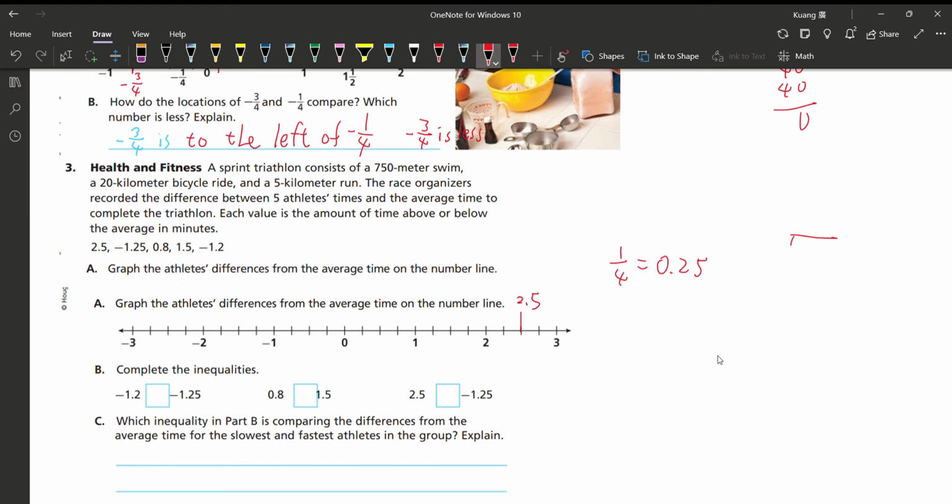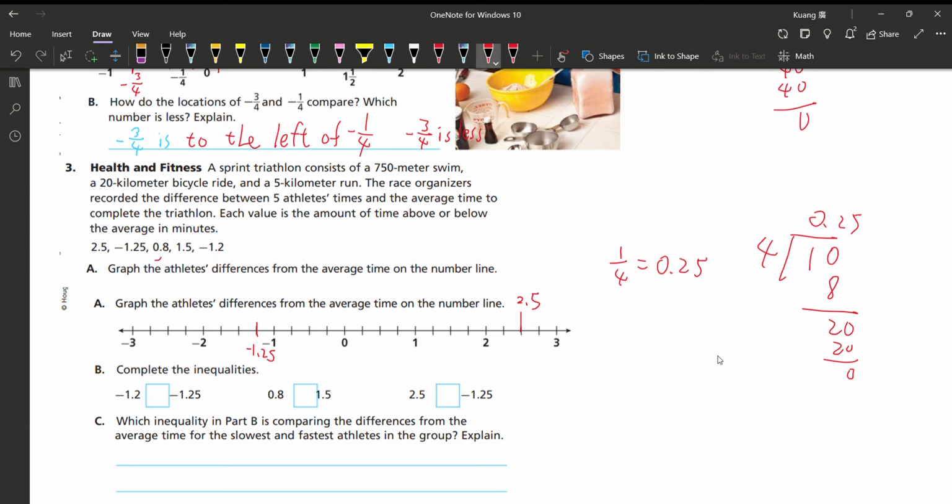Use the same method: 4 goes into 10 twice, with 2 left over, 20, and 5 times 4 is 20. So a quarter, 1/4, is 0.25. So negative 1.25 is here.